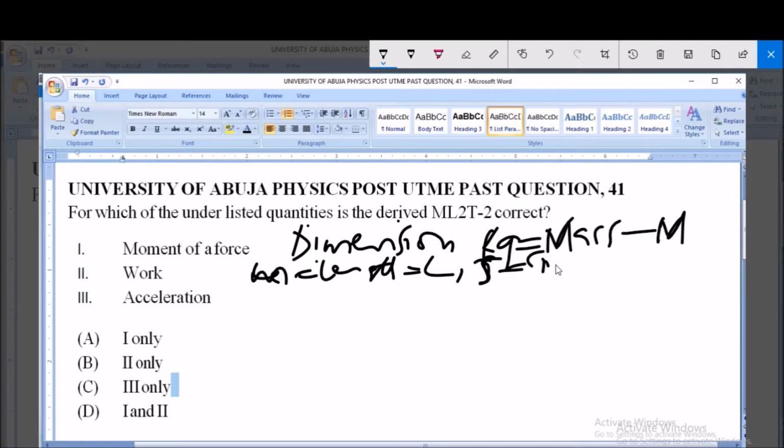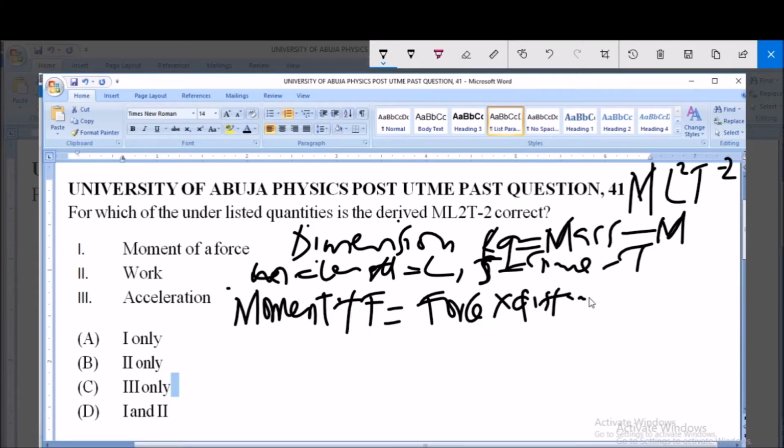Now let's find for moment of a force. A moment of a force is simply defined as the force multiplied by its distance. So moment of a force, let's call the force F, is equal to force times the distance it covers. Now force is measured in Newton and distance is measured in meter.